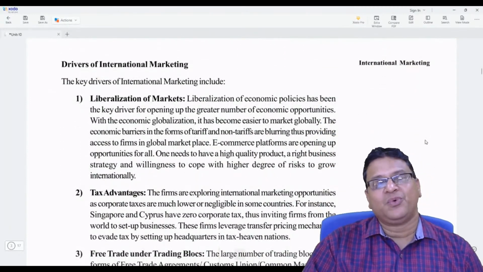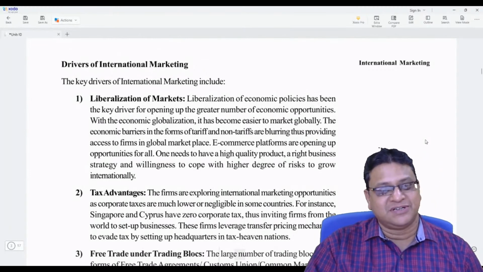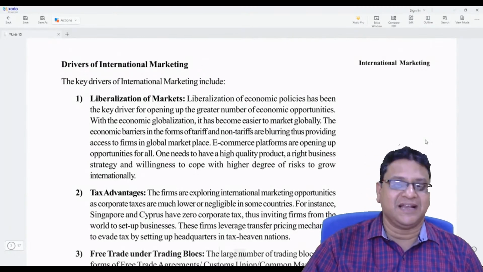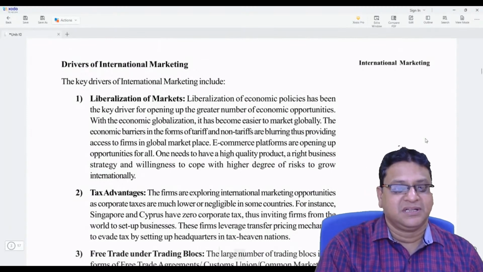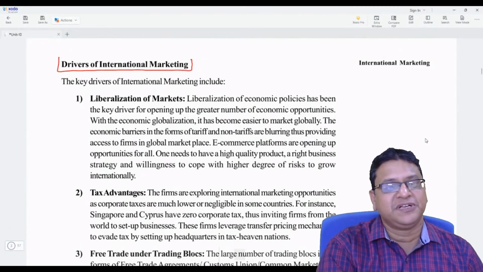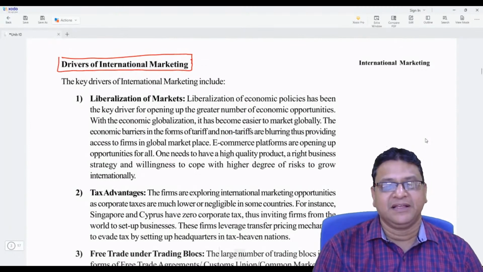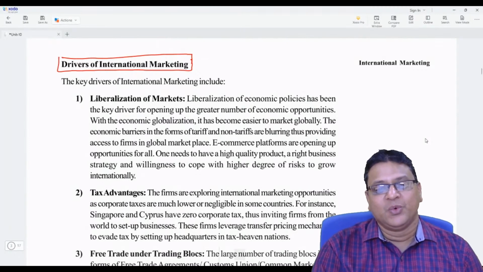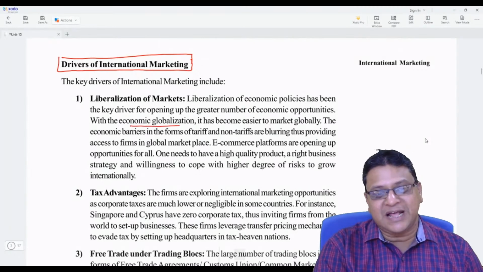Now we will discuss what the drivers of international marketing are. As we have already discussed different drivers, now we will discuss all these drivers in detail. What are the forces which drive the importance of international marketing? These are known as drivers of international marketing. The first important driver is liberalization of markets. We know that now all the economies are globalized.